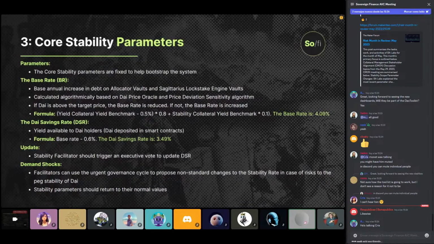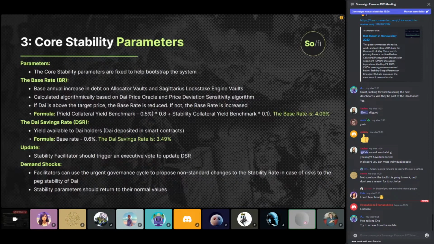So the stability scope creates rules of the road for subDAOs that they have to follow to make sure they're not taking on too much risk, not exposing Maker or DAI holders to tail risk events, and preventing them from taking on too risky of activity, while still giving the subDAOs the freedom to deploy capital as they see fit and as they think is in the best interest.